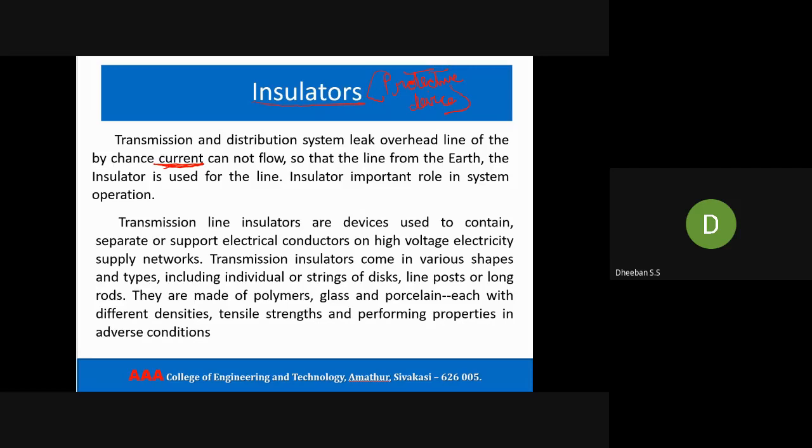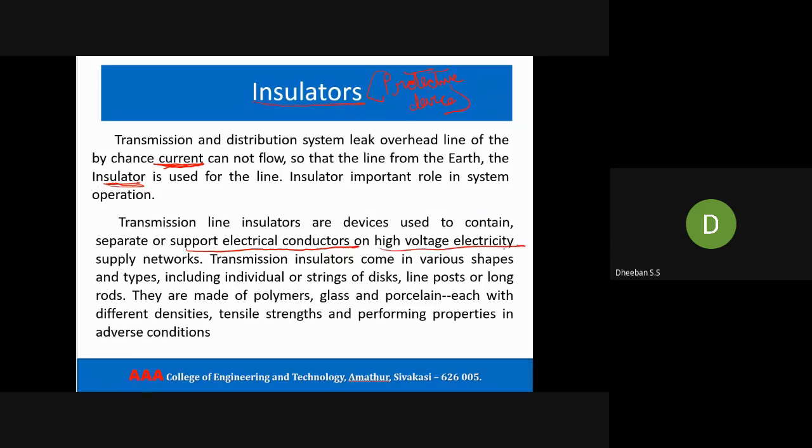For that purpose, you will be having insulators in the line. These insulators support your electrical conductors carrying high voltage electricity.